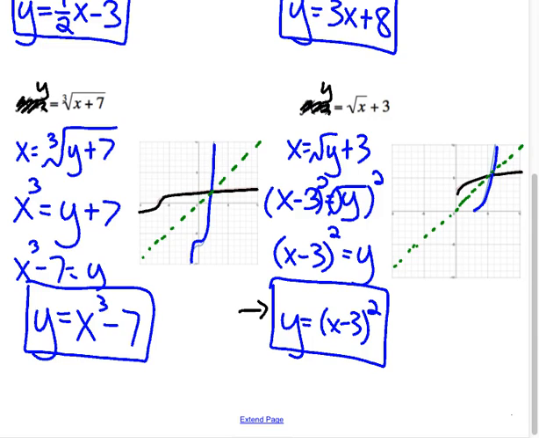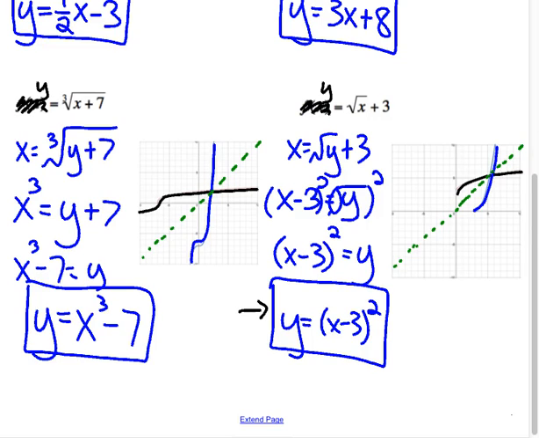So this is a really unique situation that only happens when you have some of those domain restrictions. This is the first one where the domain isn't all real numbers. So because of that, even when you take the inverse and we get this inverse relationship, that domain is still actually going to be restricted.